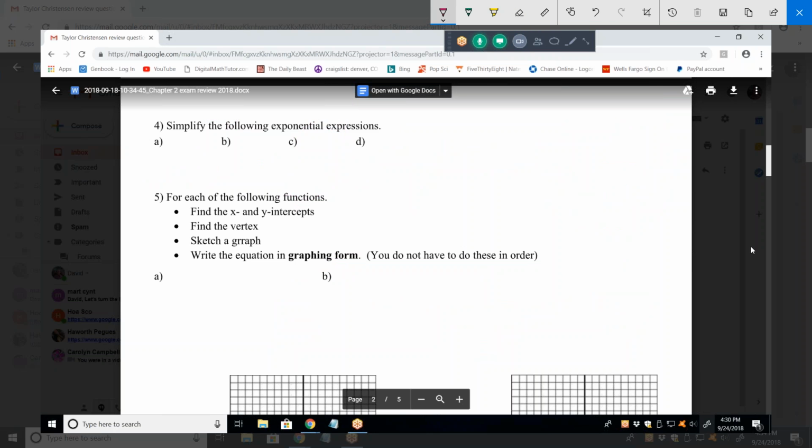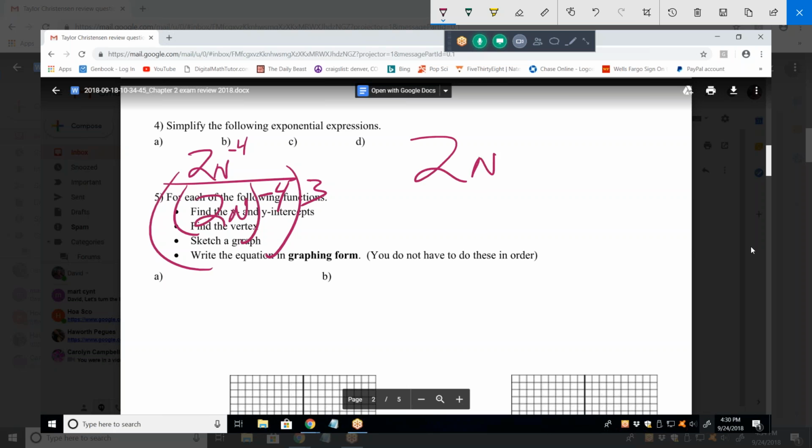Okay, what's B? B is 2m to the negative fourth, and then over open parentheses 2m to the negative fourth, close parentheses to the power of 3. Like that? There's only one parentheses on the bottom. So you would move just the parentheses, and it's 2m.